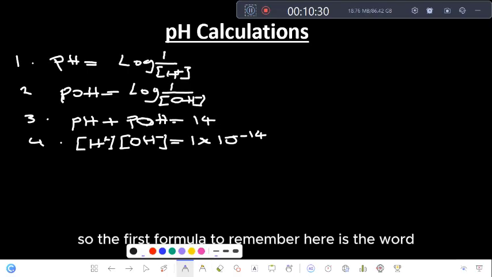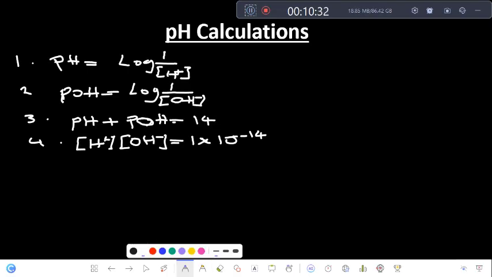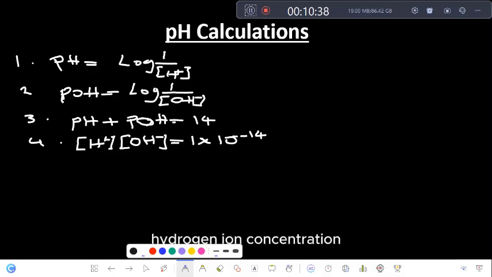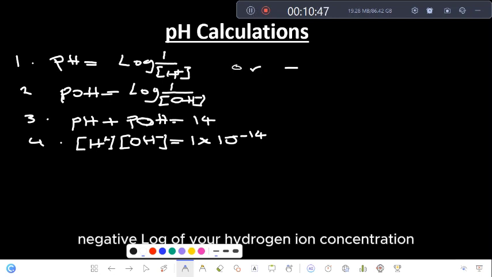So the first formula to remember here is that pH is equal to the log of the inverse of your hydrogen ion concentration. It can equally be written as negative log of your hydrogen ion concentration.